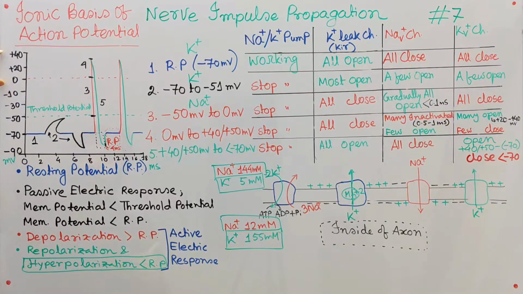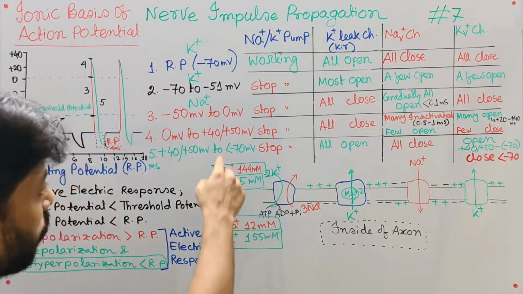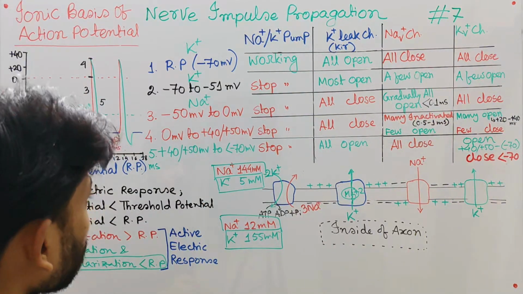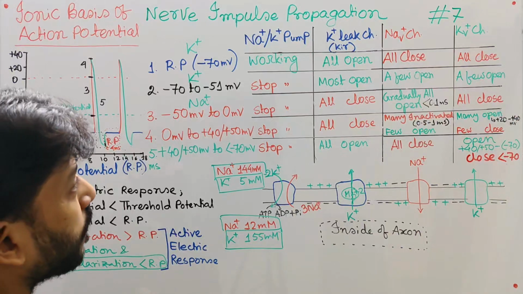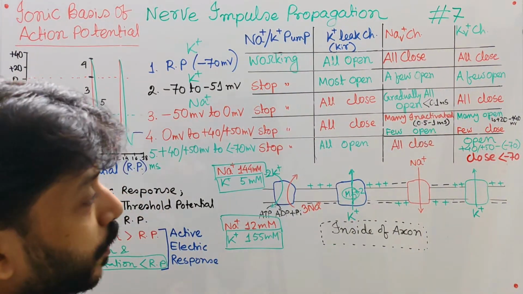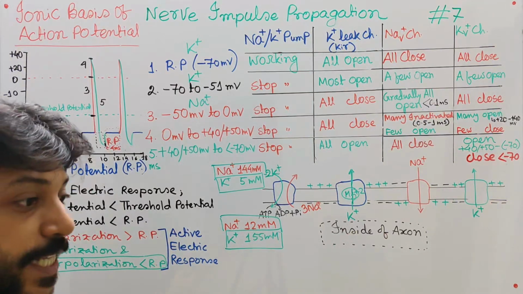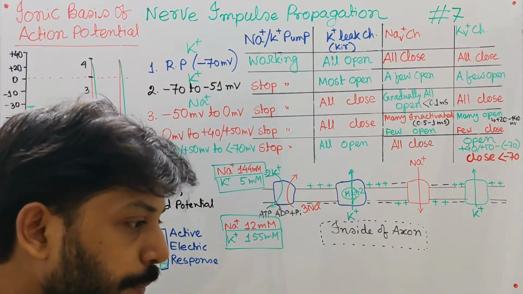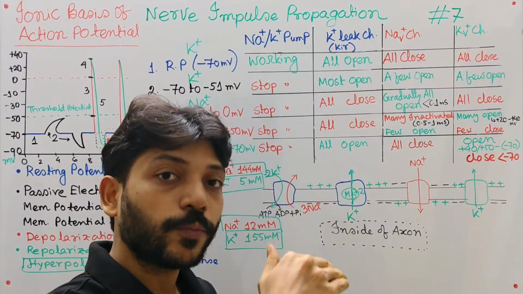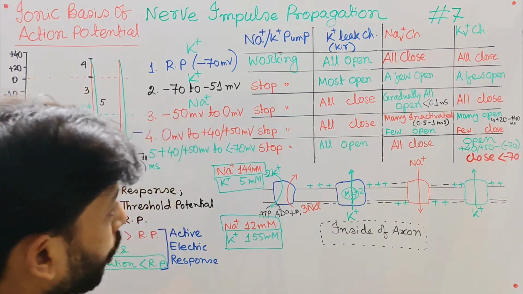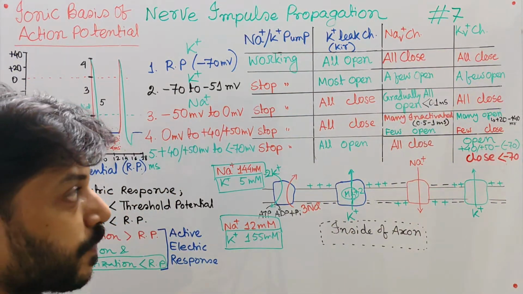Now what happens during this 0 to plus 40 millivolt? That means at the peak, it could be plus 50 millivolt also, the peak value of the action potential. Here also you see the potassium leak channels, or these non-gated ion channels, remain closed. Voltage gated sodium channels actually become inactivated. As the membrane potential rises above 0 millivolt to positive values, many voltage gated sodium channels become inactivated.